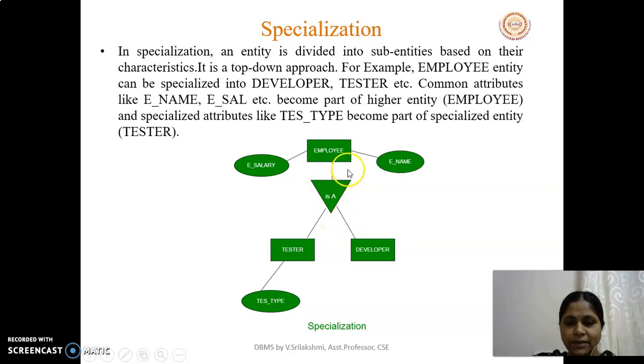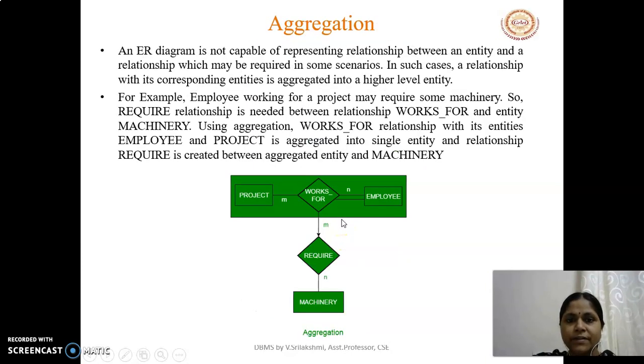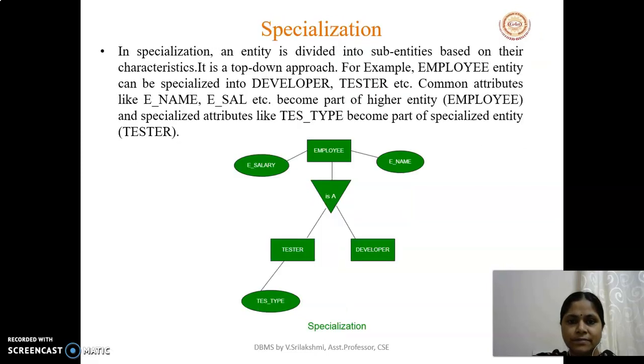The symbol is in this direction. If you see the aggregation, we can see here the two entities are combined together in this form, and this is another entity, and here require is a relationship between these two combined entities. In this way, aggregation is being represented.